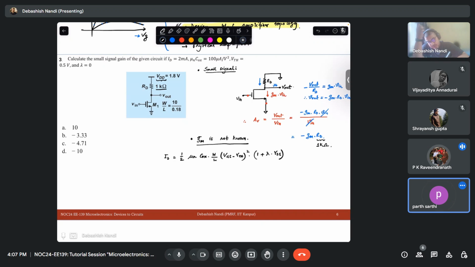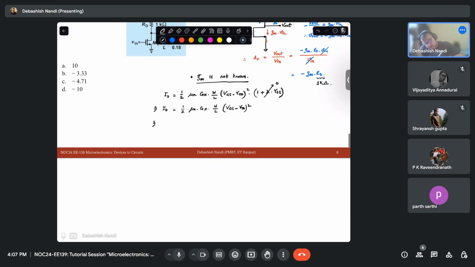Lambda is 0. So this will go away. So ID you do not have, right? So you have half mu n Cox W by L, VGS minus VTH whole square.